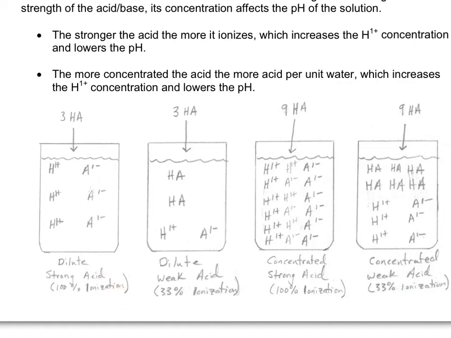It's described as being dilute, having the same H+ concentration as a weak acid that is concentrated. It is possible to set this up. What you have to do is have your strong acid that ionizes more at a more dilute concentration in order for the two solutions to be the same pH.